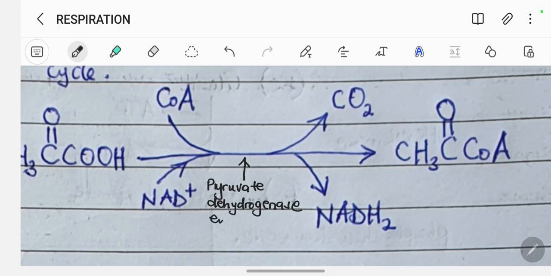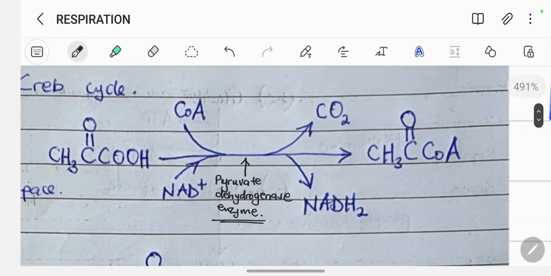And what it does, it's going to catalyze these conversions.